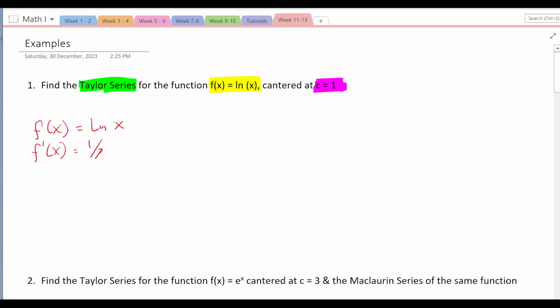Just write down like that. The second derivative of the function is negative 1 over x squared. Let me just write this down clearly here.